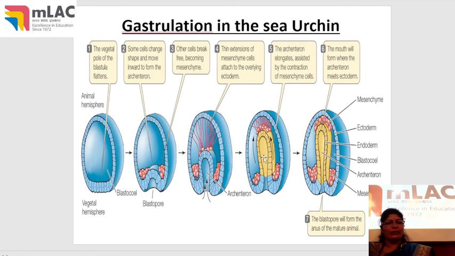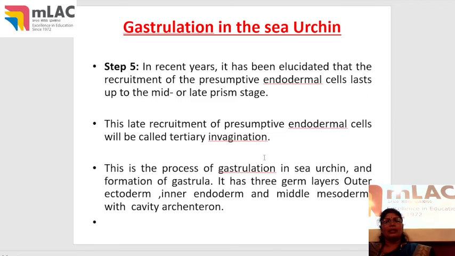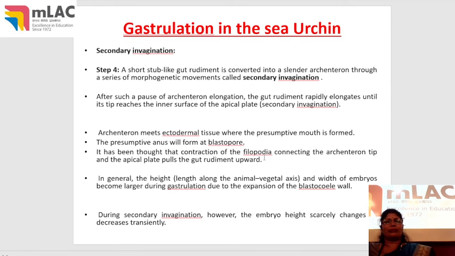So that is the fourth step, called the secondary invagination, where the slender archenteron becomes elongated.